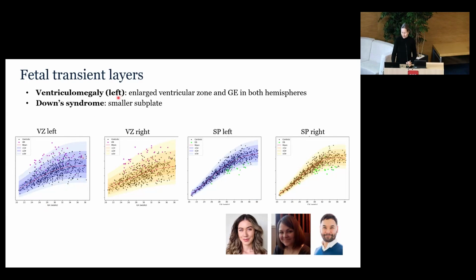I think these data were isolated left ventriculomegaly, and we still see a larger ventricular zone both in the left and right hemisphere. For Down syndrome as well, the brain development is quite different. So we wanted to see what is different. And the most significant feature that came up was that the subplate volume was smaller. This is still a bit preliminary work, but I think for these 2 things, the results are quite strong.